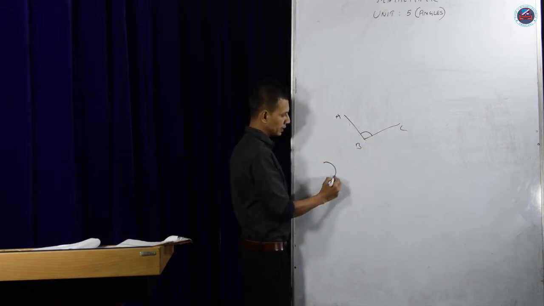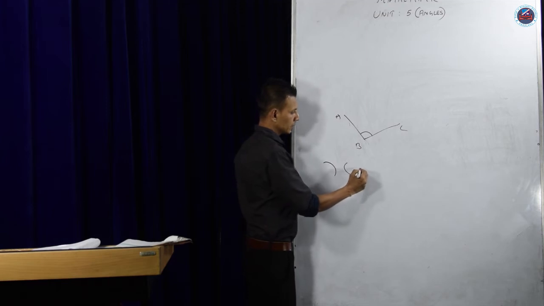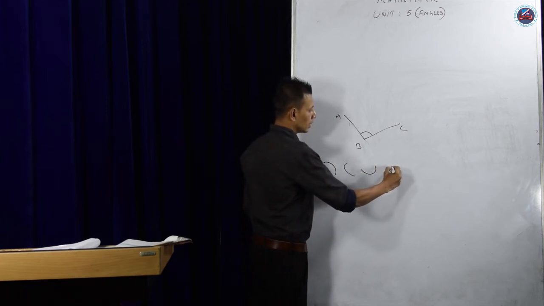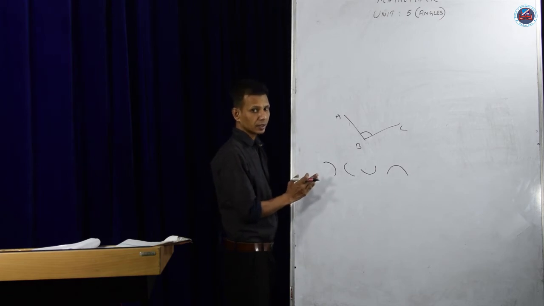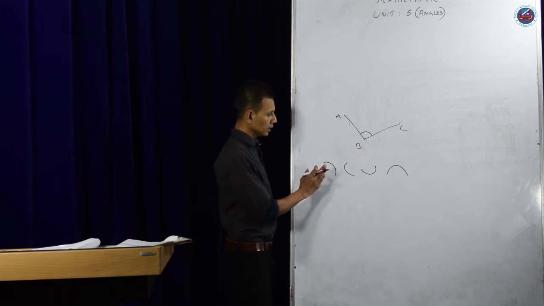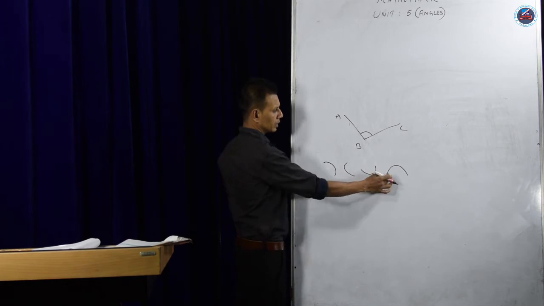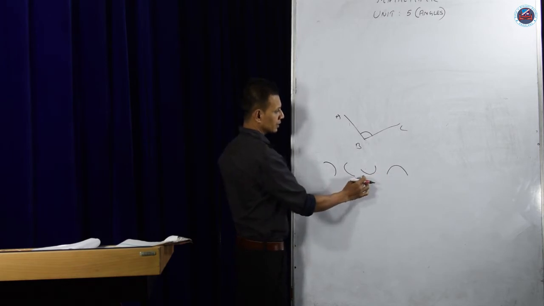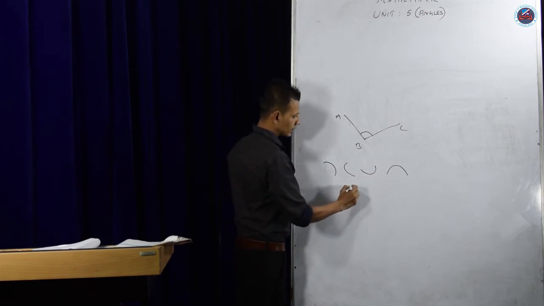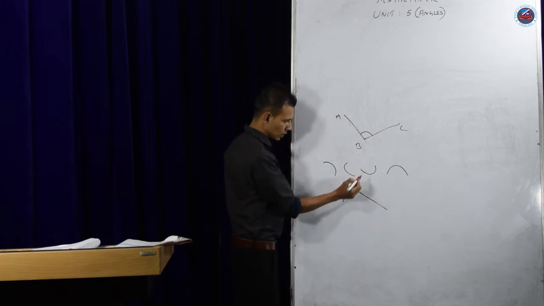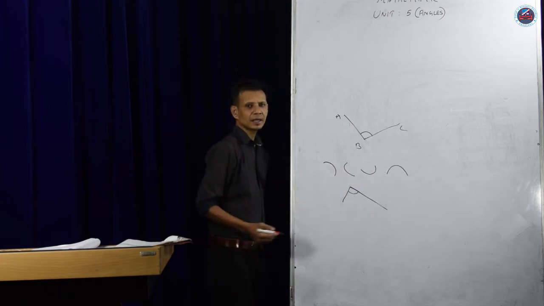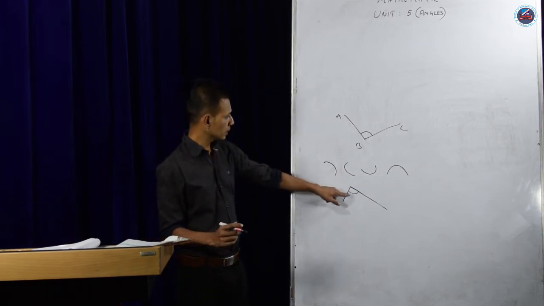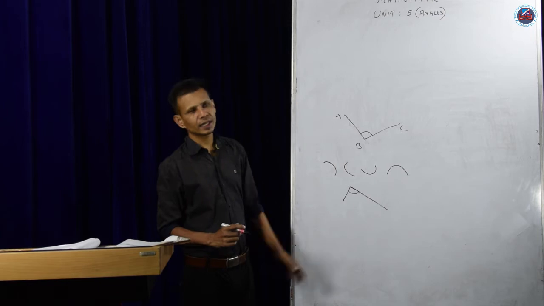It can be like this, or like this, or like this. Am I making it clear? So you might be wondering when we will get this. This will come when the angles are something like this. All these are possible in any angles when they are not 90 degrees.